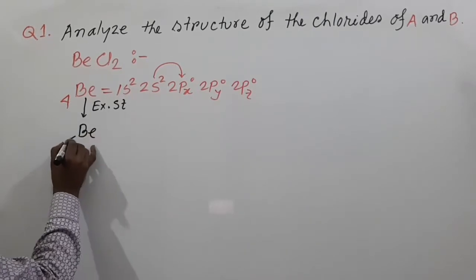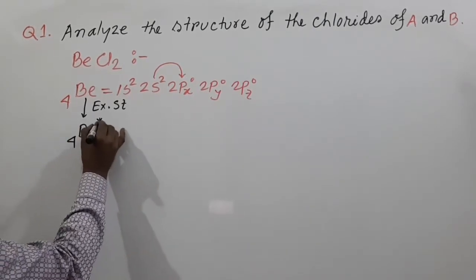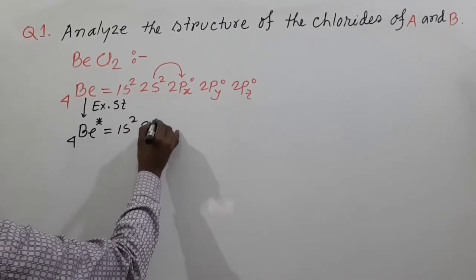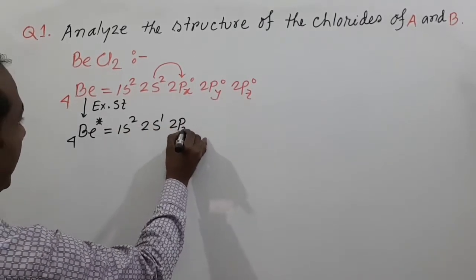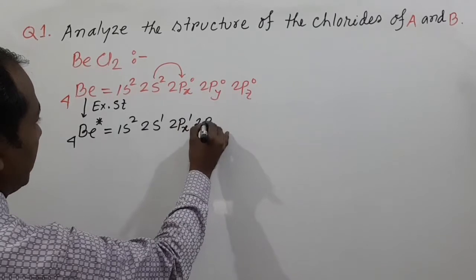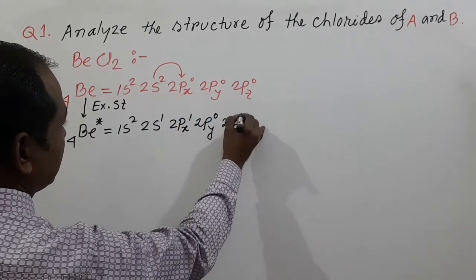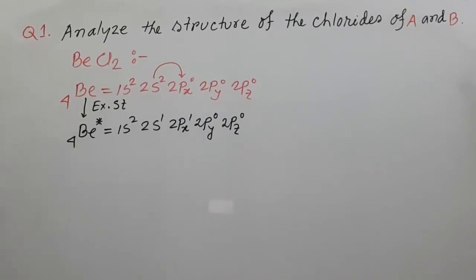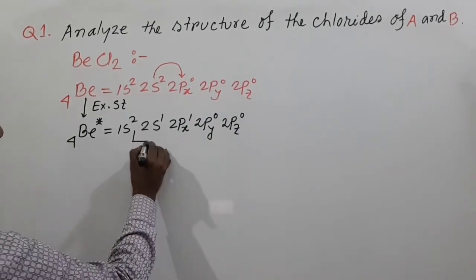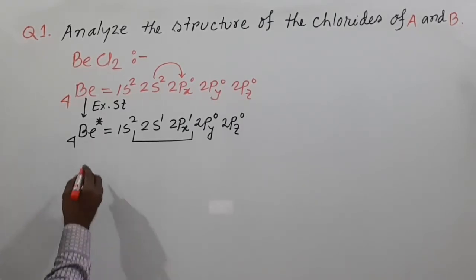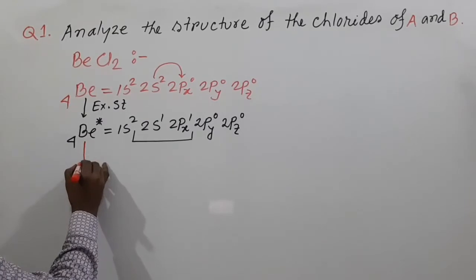Beryllium 4: 1s2, 2s1, 2px1, 2py0 and 2pz0. My dear students, in this stage, one s and one p orbital mix up, and they form two identical sp hybrid orbitals.